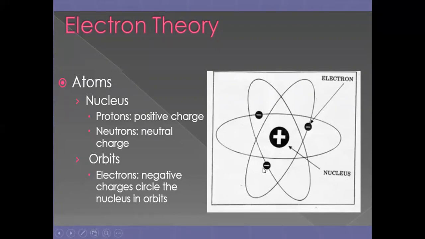The electrons are a very tiny and very light component inside the atom, negatively charged, and they circle the nucleus following an orbit. So these electrons can flow or move from atom to atom if there is a force, and the force is enough to displace the electron.